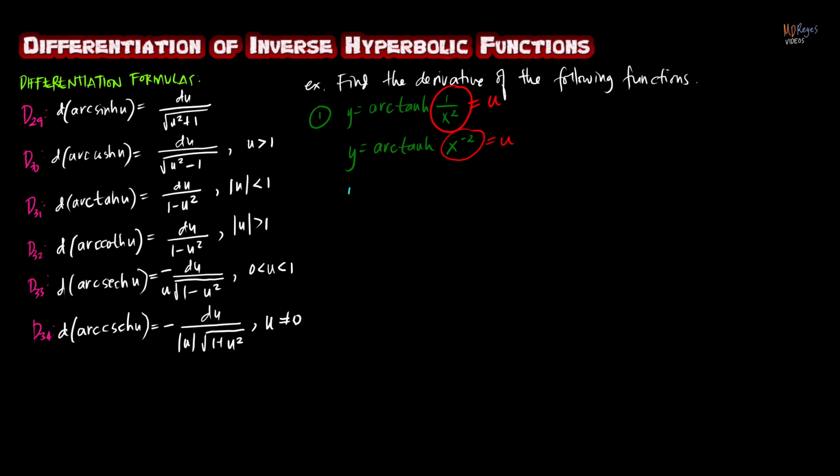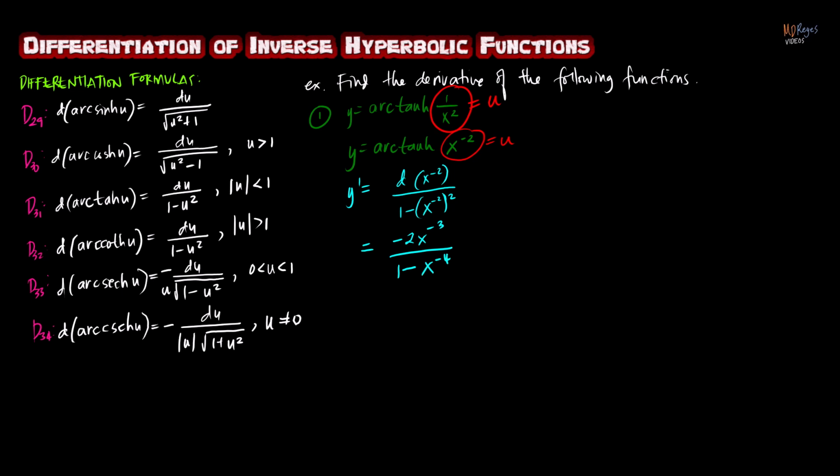The solution, y prime, using D31, it's du, so it's the derivative of x raised to negative 2 over 1 minus u squared, x raised to negative 2 squared. So we'll continue by differentiating x raised to negative 2, and the derivative is equal to negative 2 x raised to negative 3, over 1 minus x raised to negative 2 squared, which is x raised to negative 4.